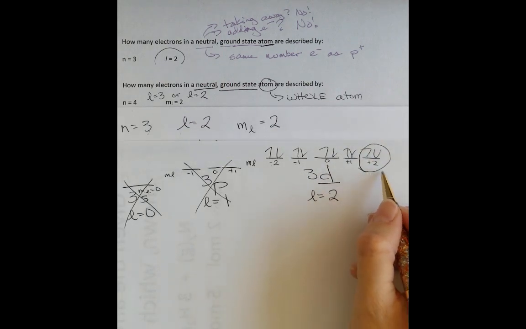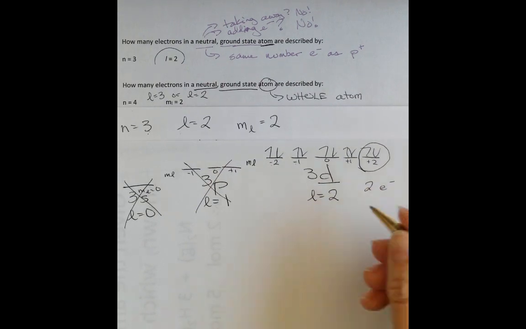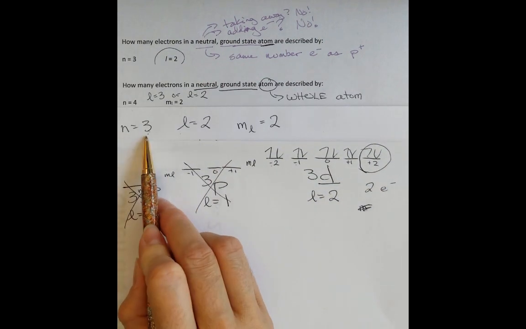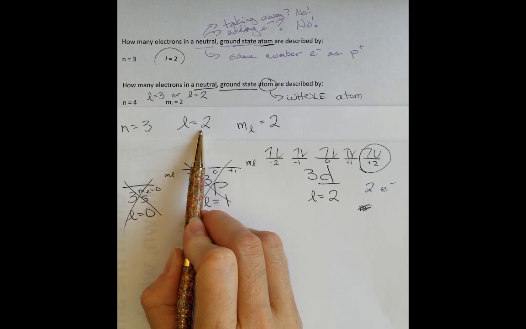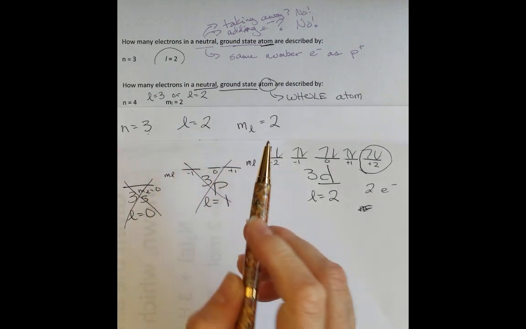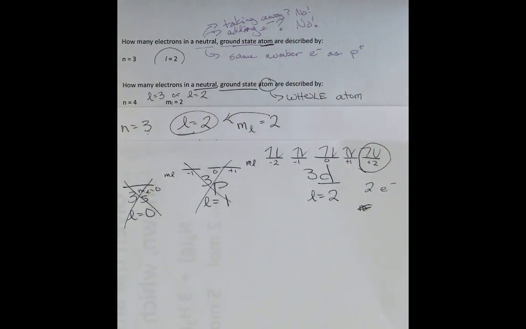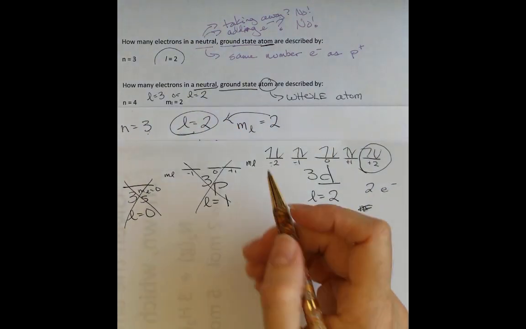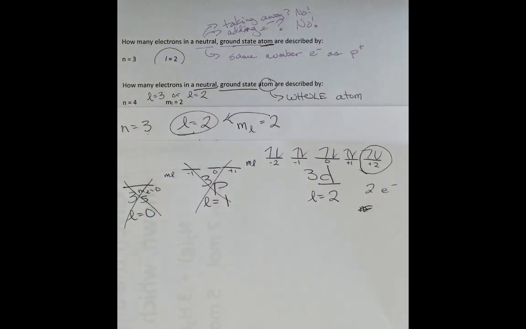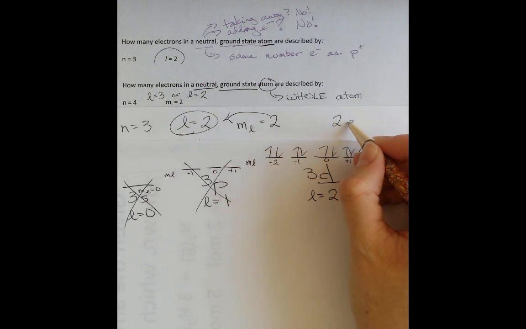So we can get 2 electrons from our atom of our n equals 3, L equals 2, m sub L equals 2. And again, I got my L equal to 2 from m sub L. So since I know m sub L has to equal 2, I know L has to be equal to at least 2. So that gets me 2 electrons from there.